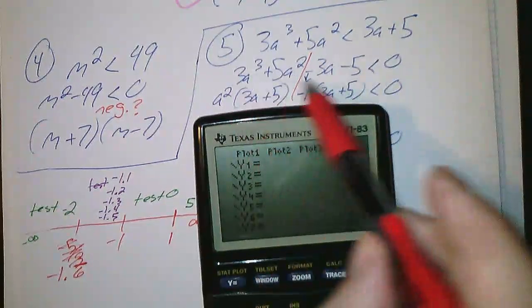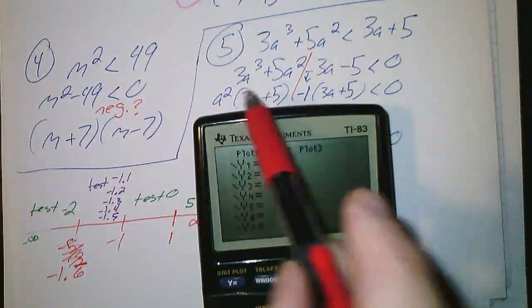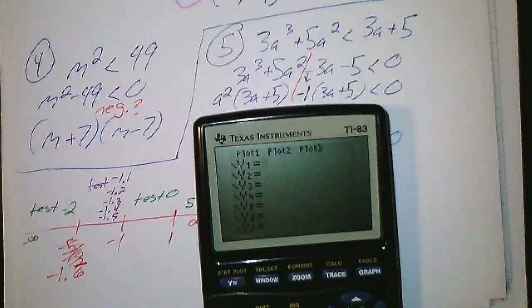I'll go with this part where we are on the left side, because we have to be on the left side if we want to put this into y equals. So 3x cubed plus 5x squared minus 3x minus 5.